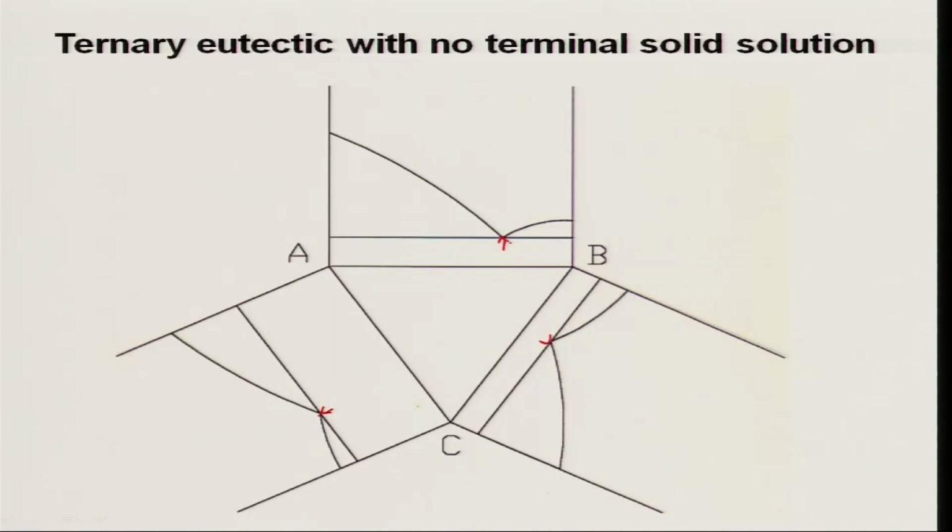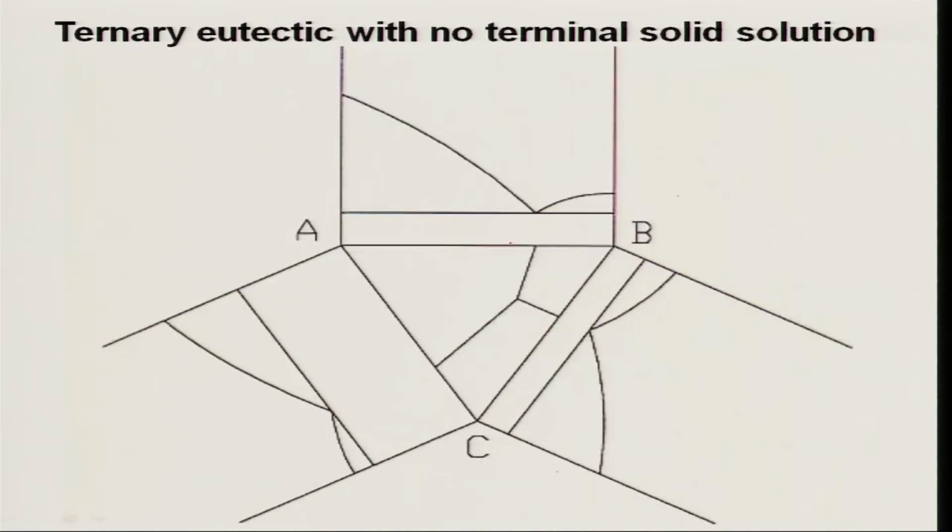You can see there is a eutectic present in all the cases, and because of that, as I told you in the beginning, there will be a ternary eutectic present, which will lie inside the Gibbs triangle. Obviously, that is why it is called ternary eutectic, and it is a true ternary eutectic. Why?